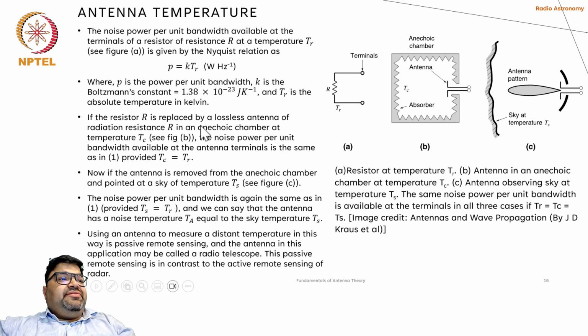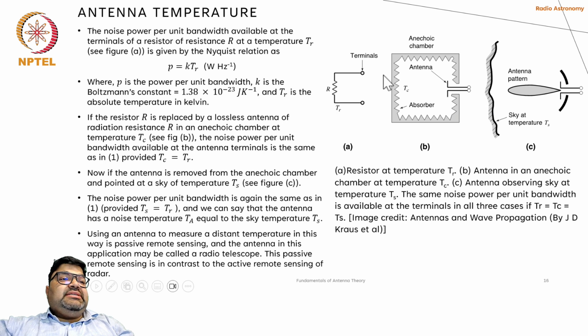Now if we take the same concept as in figure A, we can say clearly that this noise power per unit bandwidth remains the same if we replace R with a lossless antenna of the same resistance R, put inside an anechoic chamber of temperature Tc. The same noise power per bandwidth will be available again for this antenna if Tc is equal to Tr.